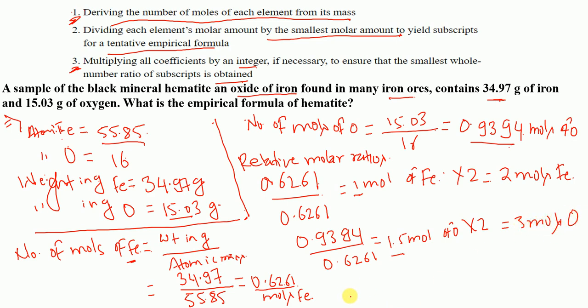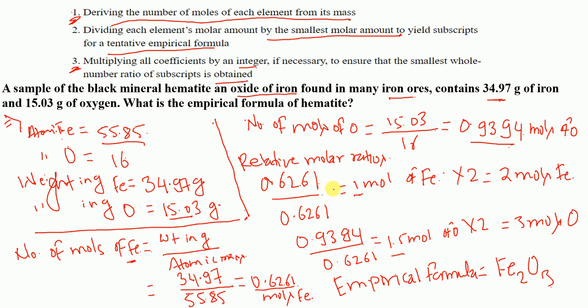So what will be the empirical formula? For iron we have 2, so Fe2, and for oxygen we have 3. This is how we can derive the empirical formula from the given masses of the atoms.